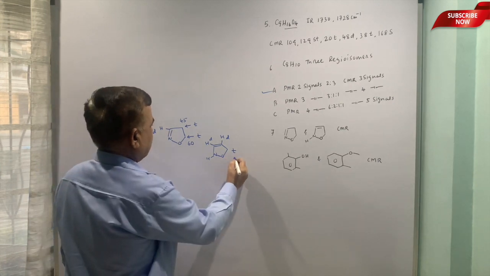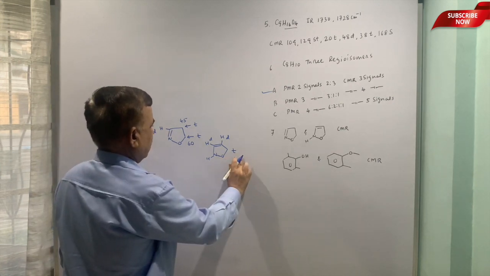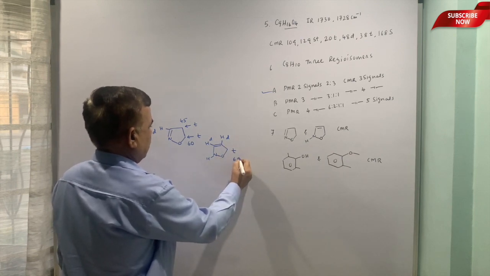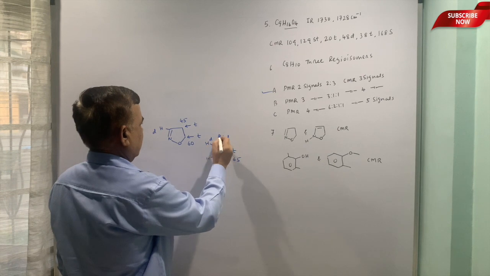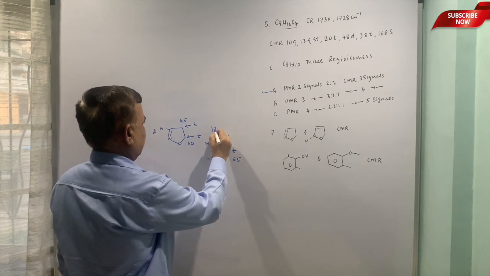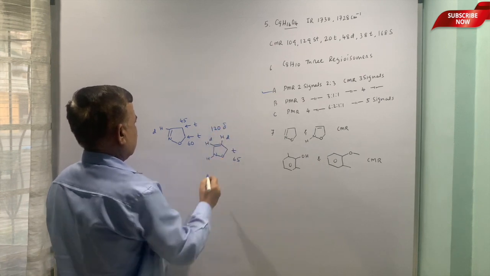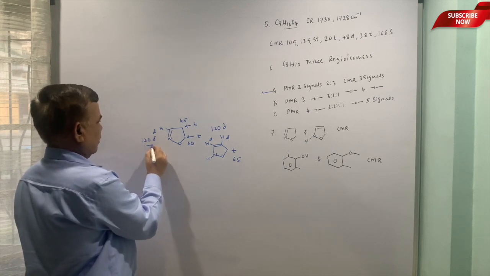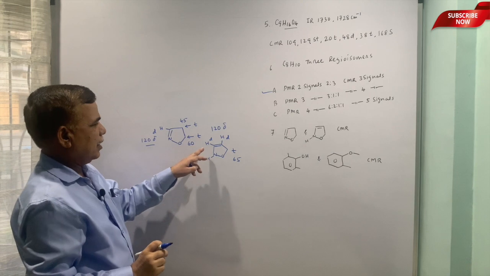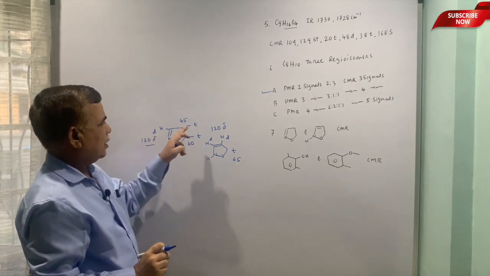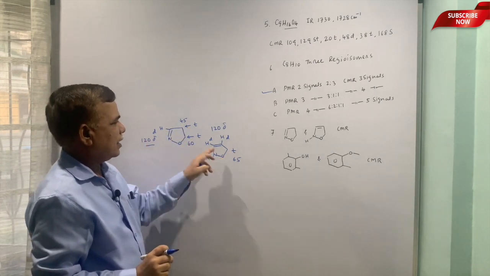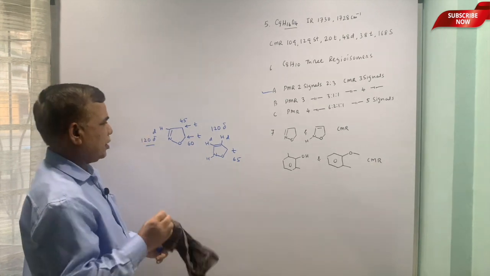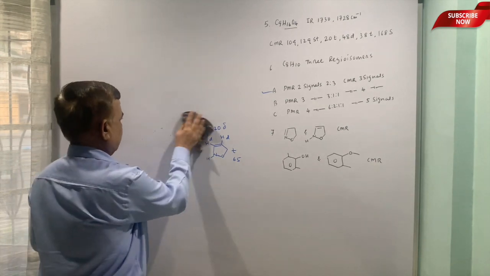In this case this will be 60 or slightly higher because this is allylic also, so 65, but this will be around 120 delta doublets. So here only one is there, so one doublet, two doublets in the olefinic region, two triplets, only one is there. So that is how you can differentiate these two compounds on the basis of the CMR peaks.